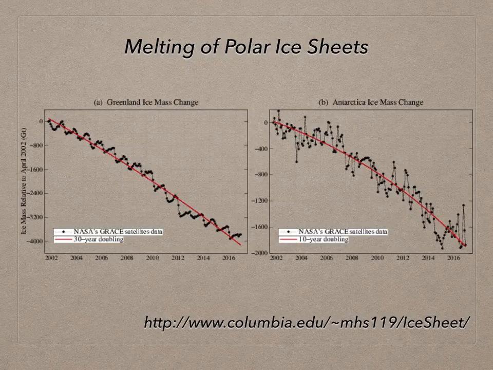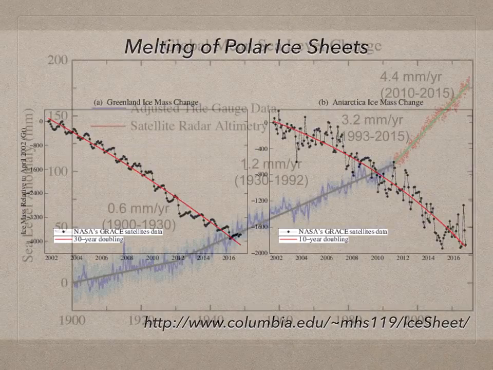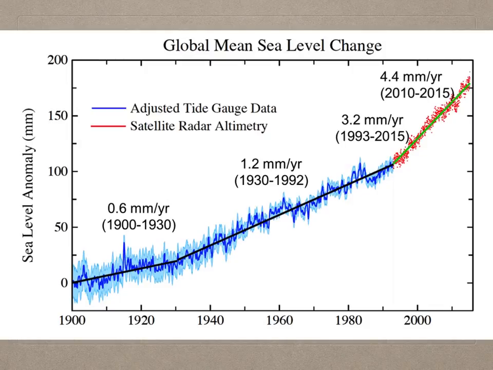And when that ice melts, it flows into the oceans, thus causing the global mean sea level to change, which is shown in this figure. About half of this increase in global sea level is due to the water that's flowing in from the polar ice caps. The other half is due to the fact that when you warm the oceans, they expand.